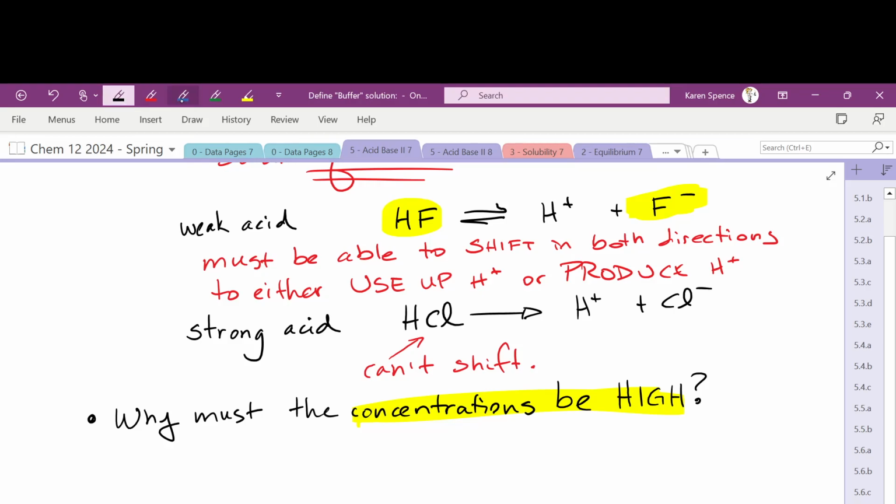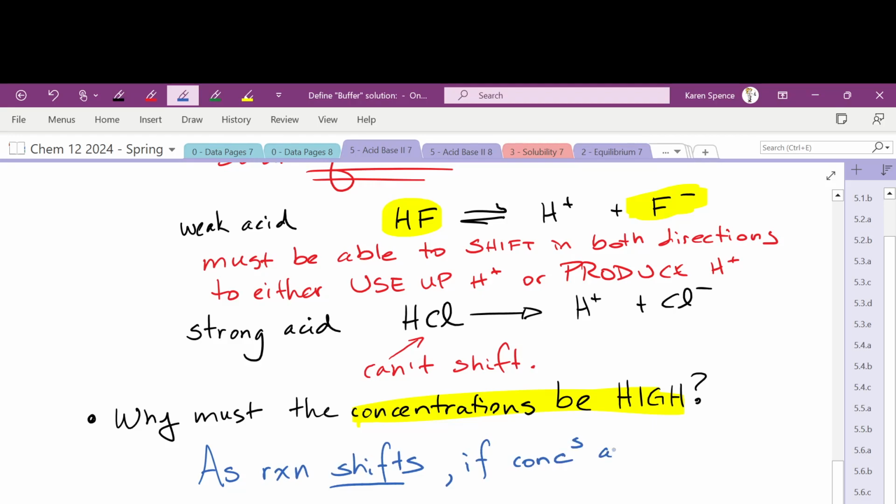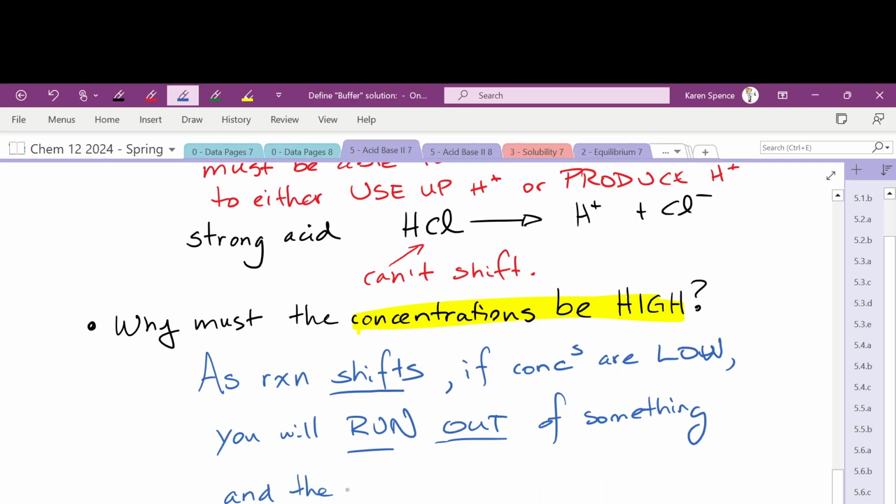If the concentrations are low, as it shifts, it will simply run out of something and it will no longer be able to shift any further. Okay, so that's good.